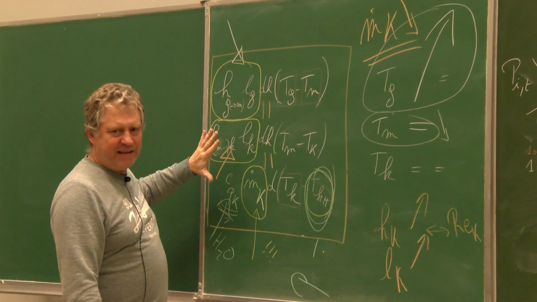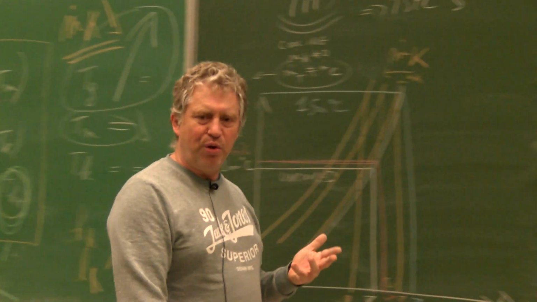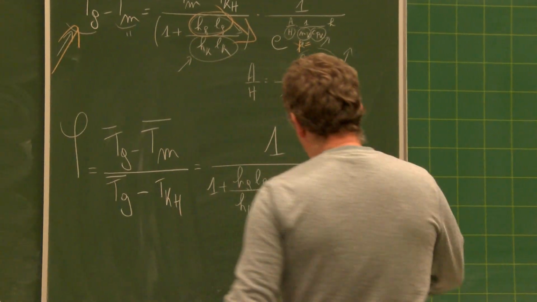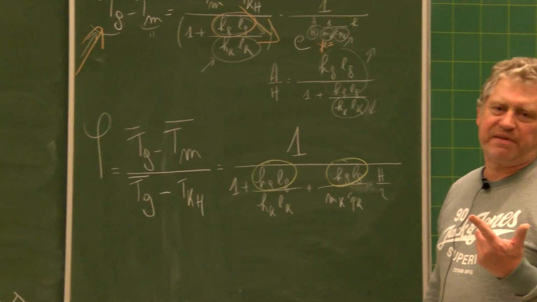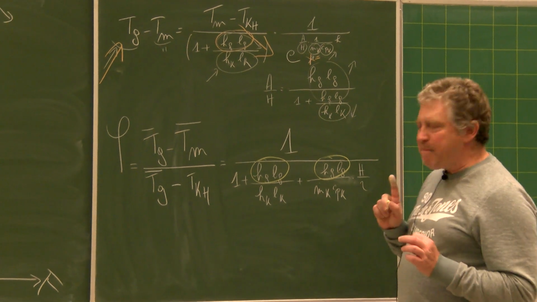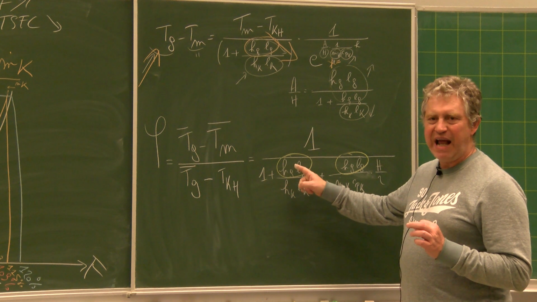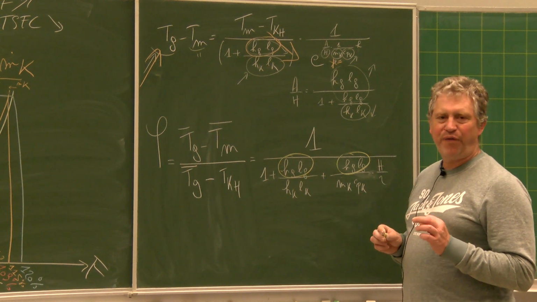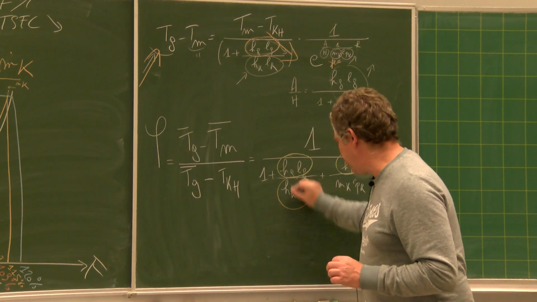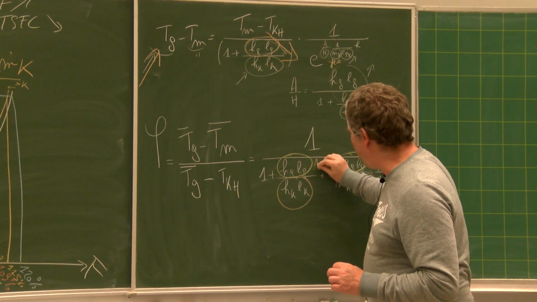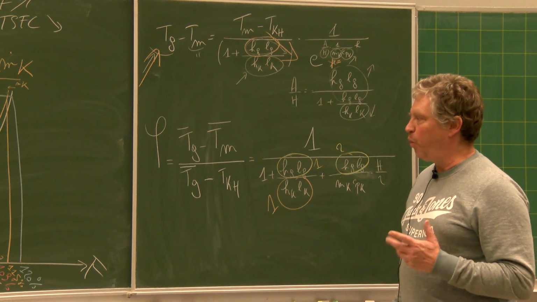We can understand their influence by physical explanations, but you need to go to equations in order to see that HgLg is present 2 times. So it's more important to fight against HgLg than to fight for HkLk, because HgLg is present 2 times, 1, 2, whereas this one is only present 1 time.